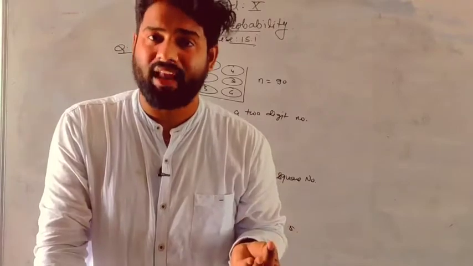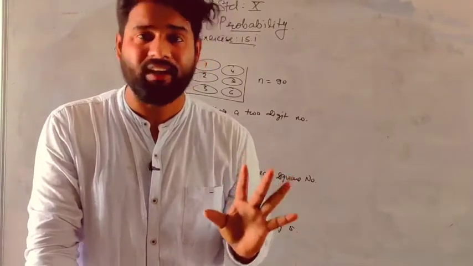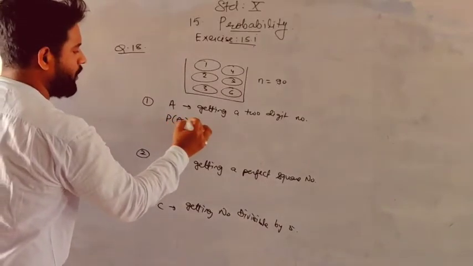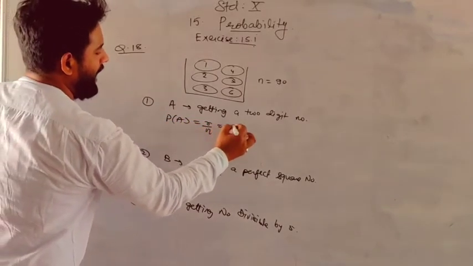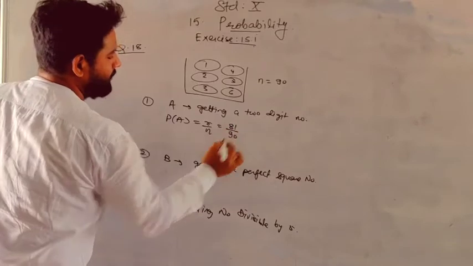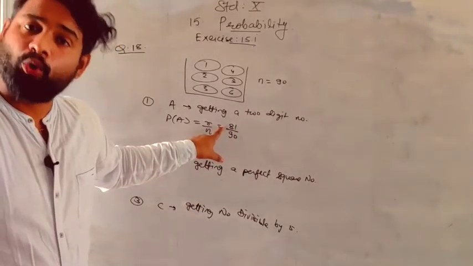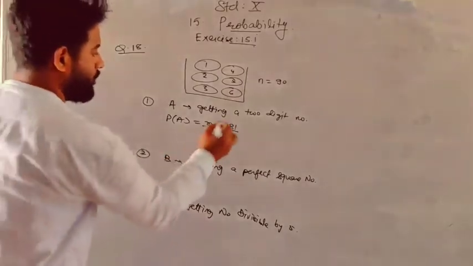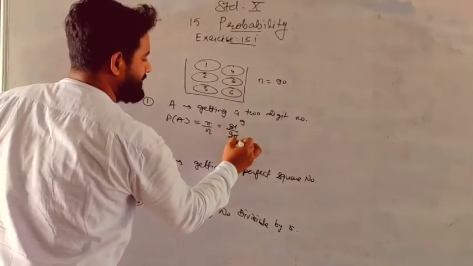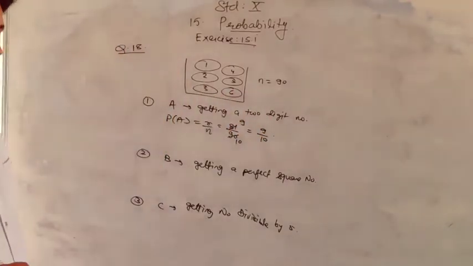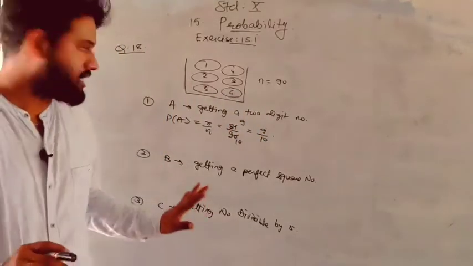So how many 2-digit numbers are there? 81. So probability of A is equal to r upon n, and r is 81 upon 90. 9 nines are 81 and 9 tens are 90. 9 upon 10 is your answer. I hope it is pretty much clear.